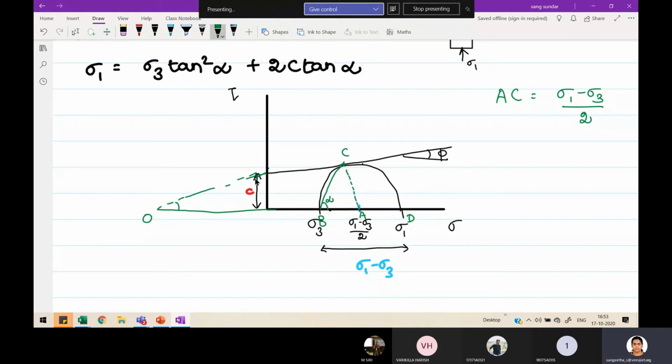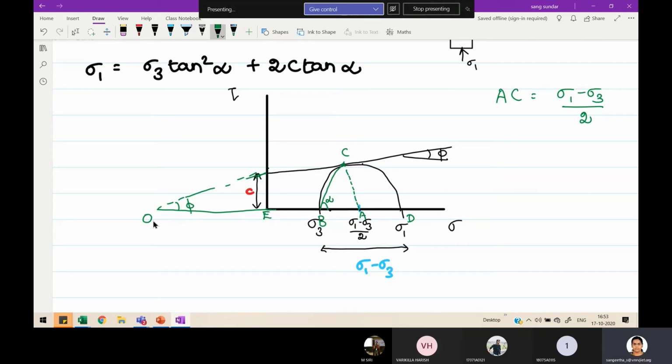Since I drew this free hand, it is showing a break, but actually here also the angle is the same phi. Let us name this point also; A, B, C, D are there, so shall we take it as E?